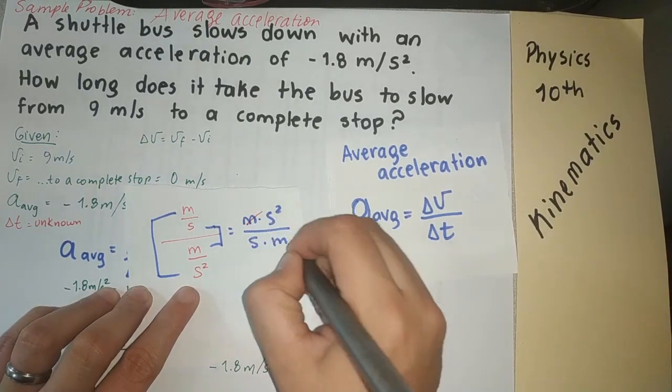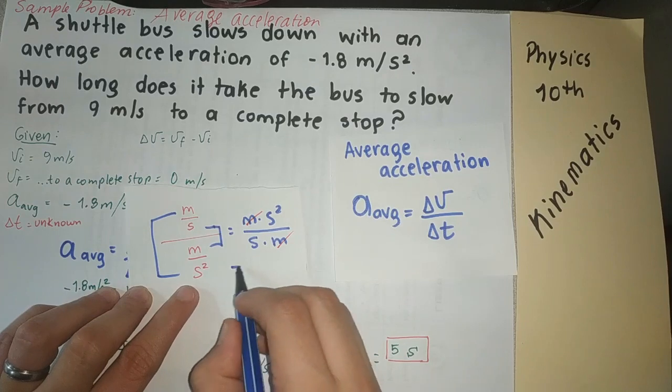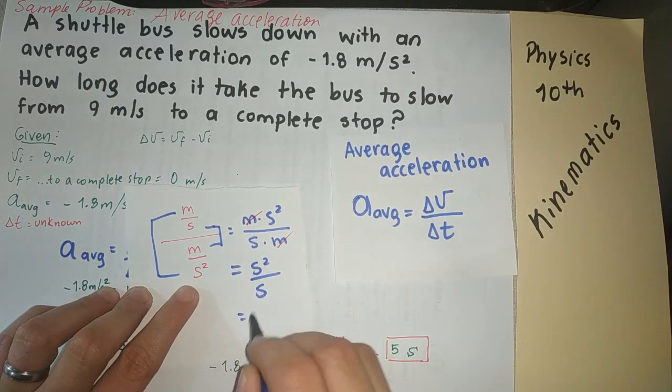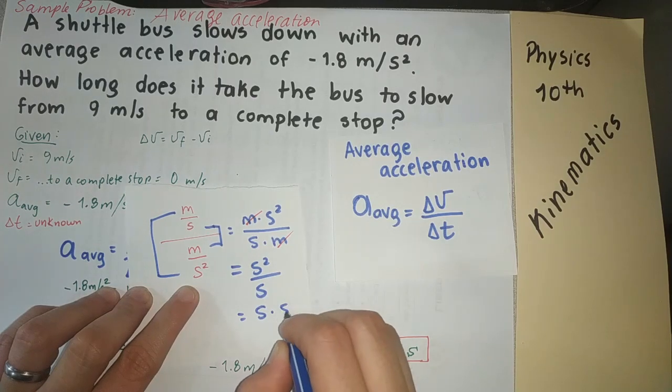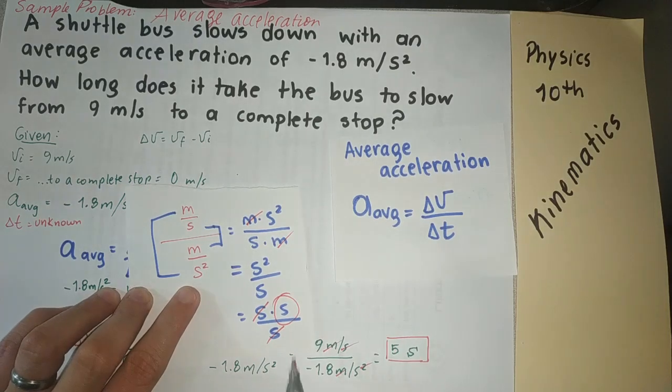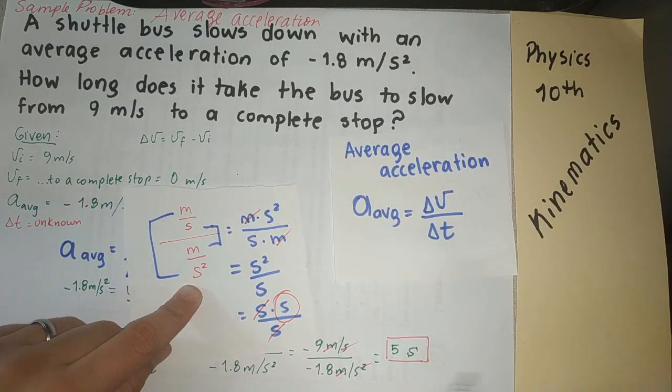So this one and this one are going to be cancelled, and in the top you will have seconds to the second power divided by seconds. This is the same as having seconds times seconds divided by seconds. Cancel. And at the end, your answer is seconds, just as we have over here. That's how you get the unit.